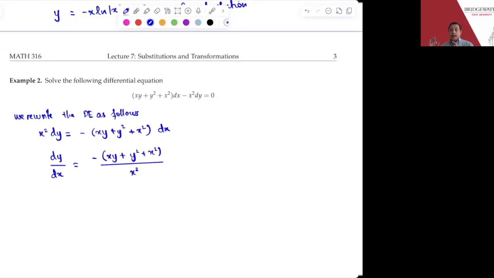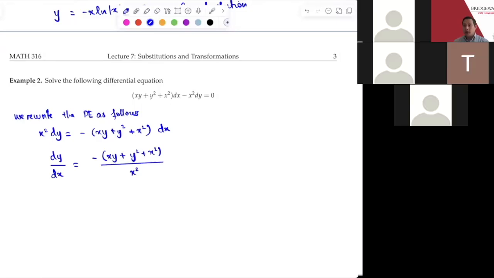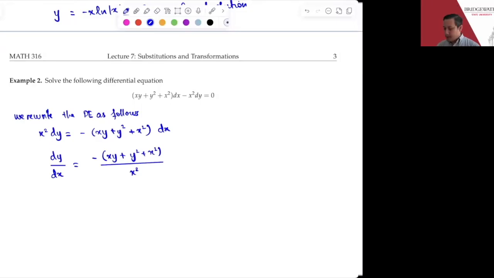Okay. Now you simplify the fractions on the right. You have negative y over x minus y squared over x squared and minus 1.